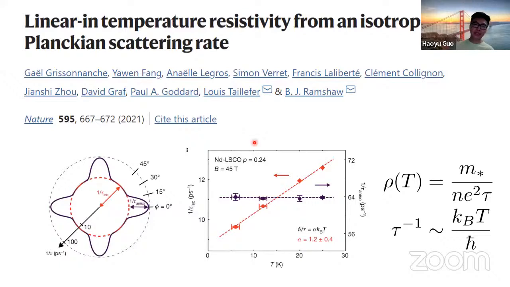Yeah, and related to that there is a concept which is called Planckian dissipation for a strange metal.